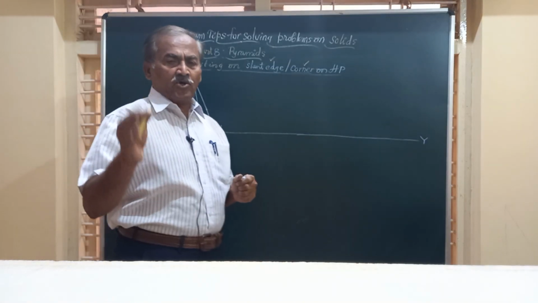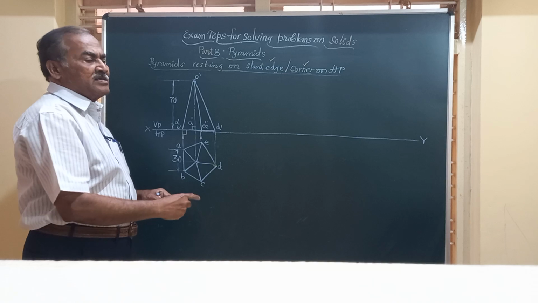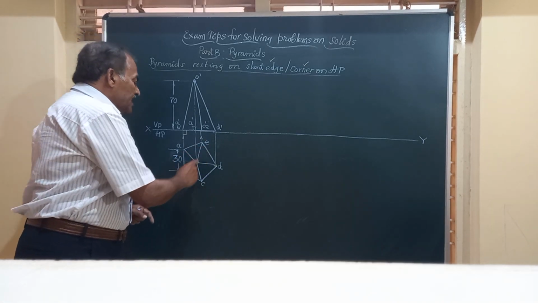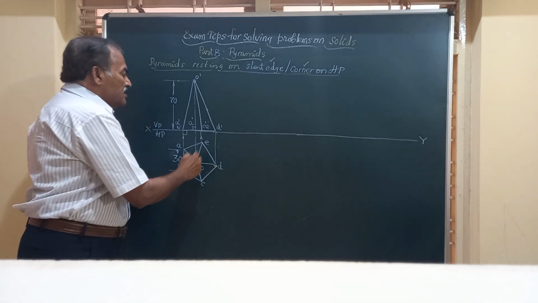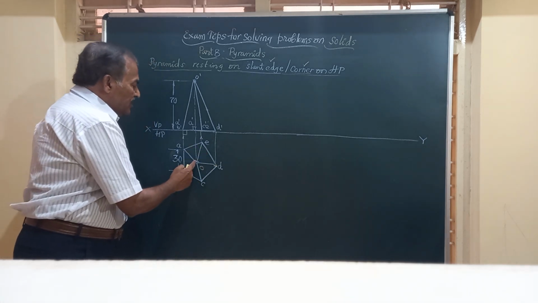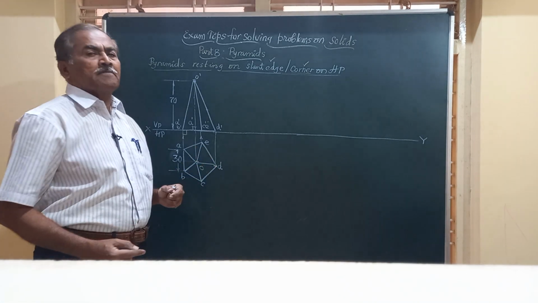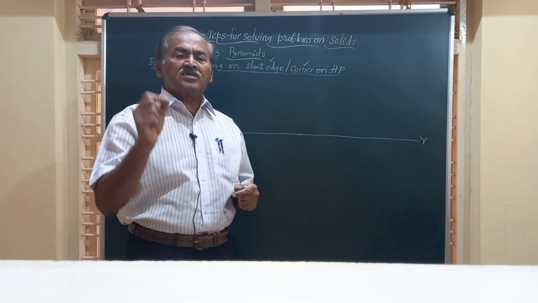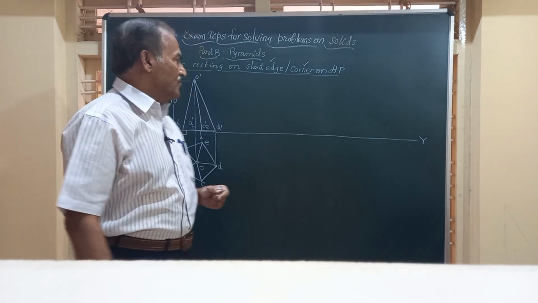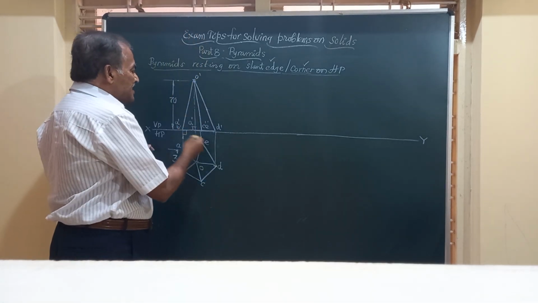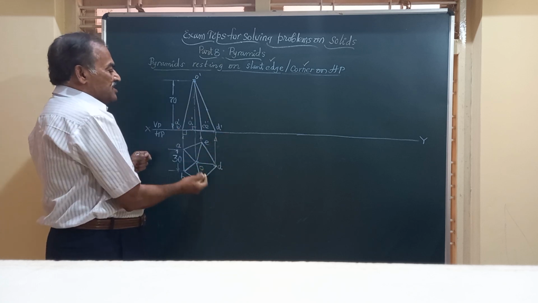Obtain the top view, a pentagon of side 30 millimeter, and join O, the vertex, to all the corners. So here OA, OB, OC, OD and OE represent the slant edges of the pyramid in the top view. And friends, obtain the corresponding front view by projecting lines from all these.